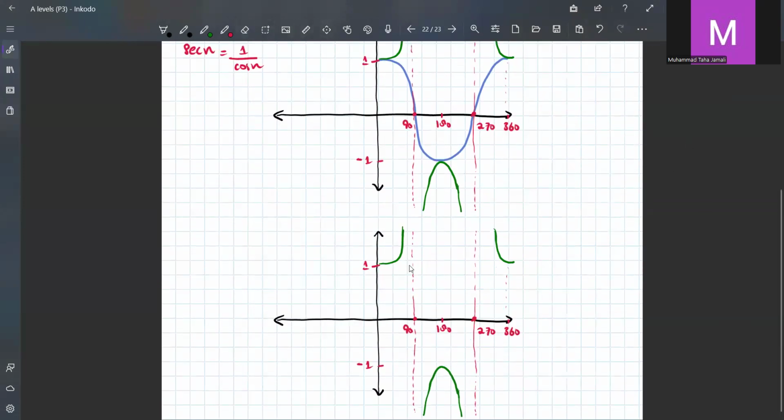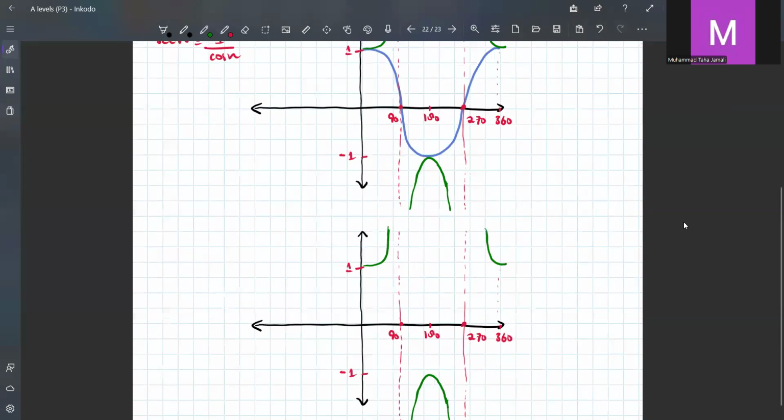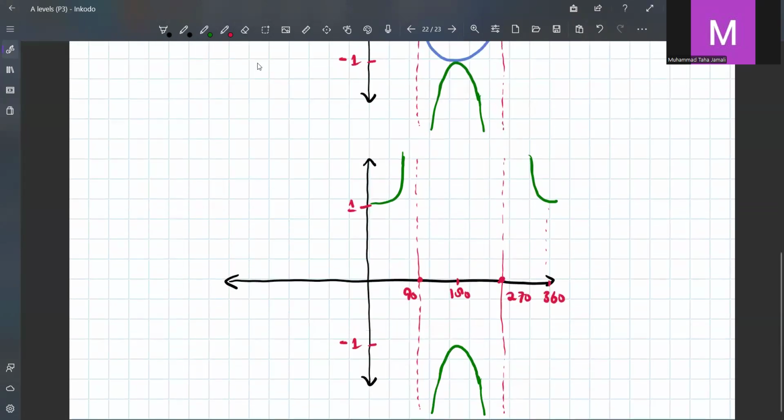So just erase this blue curve, and this is the graph of sec x.